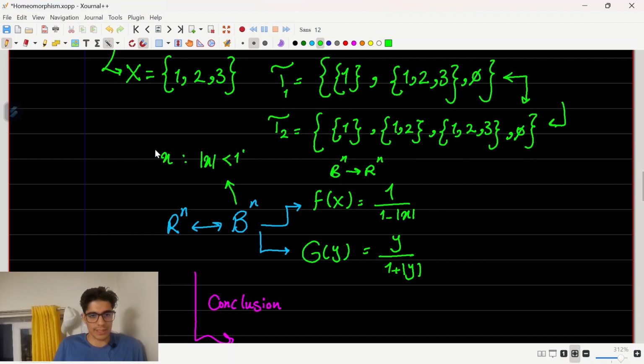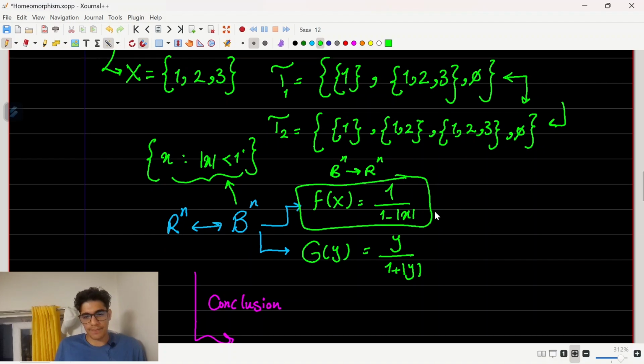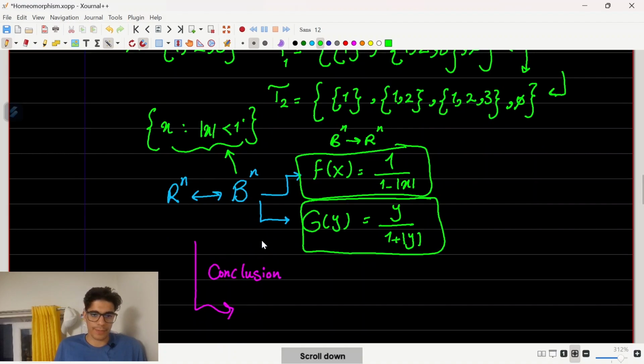So the definition of a ball is right here. Now, with these two functions, we can see that these two spaces are actually equal with respect to homeomorphism. So we say that they are homeomorphic to each other.